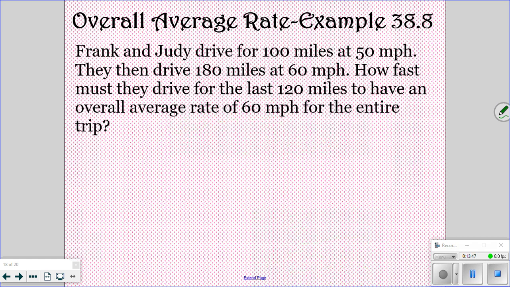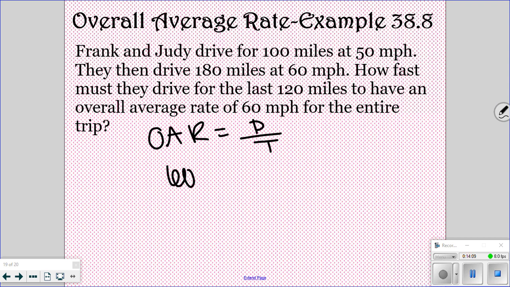Okay, we're going to look at one more example. They drive the same 2 that they just did, and then they want an overall average rate of 60 for the entire trip. That's what we want to have. So we're going to start off with our formula. Overall average rate, they want to be 60.